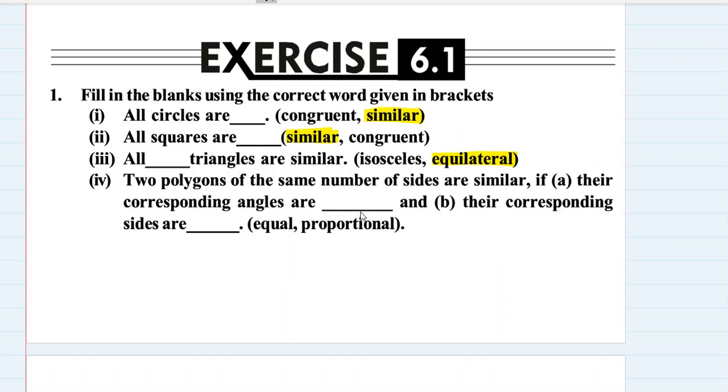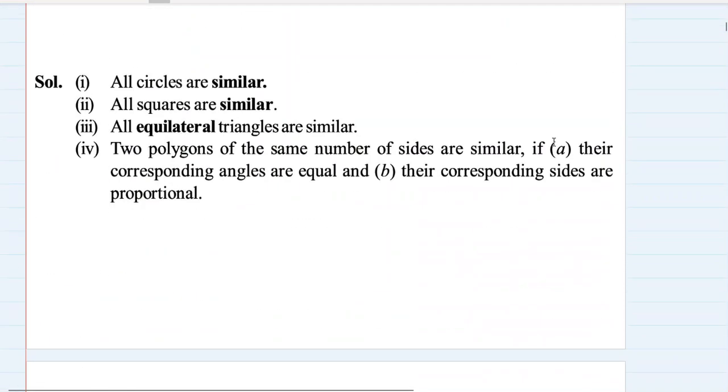So in triangles we know that two triangles are similar if their corresponding angles are equal and their corresponding sides are proportional. We know that fact. We have discussed it in great detail while we were doing theorems. So that is the benefit. These are the answers.